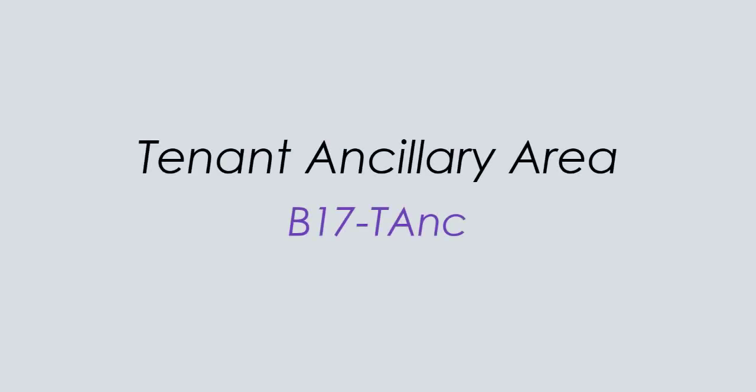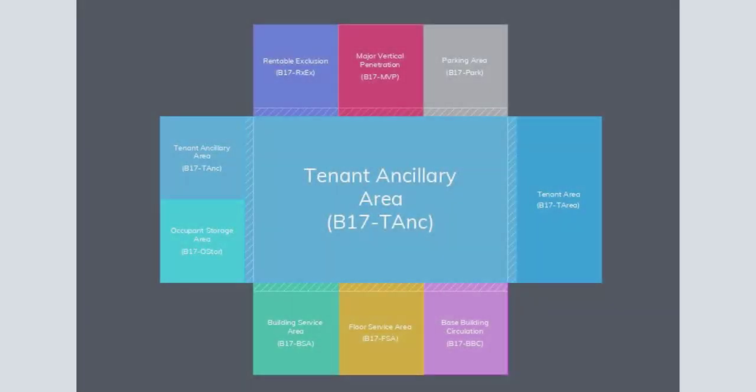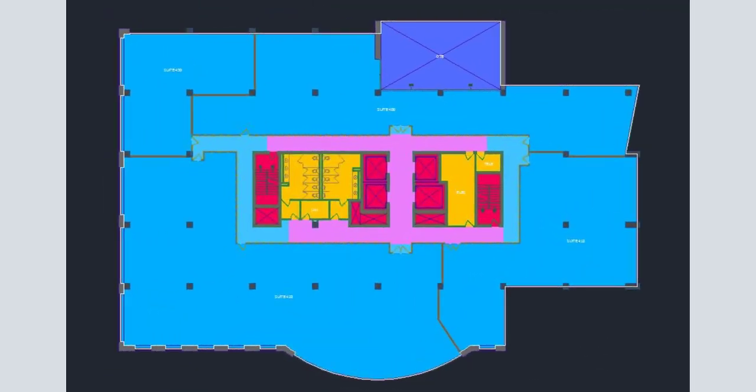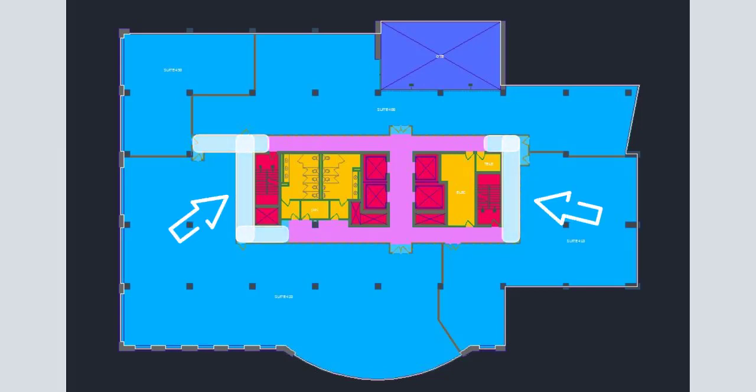Tenant Ancillary Area, B17-T-Ants. Tenant ancillary areas will only take wall priority against tenant area. These are the areas within the built corridor that extend beyond the BBC and include extended circulation and door setbacks.